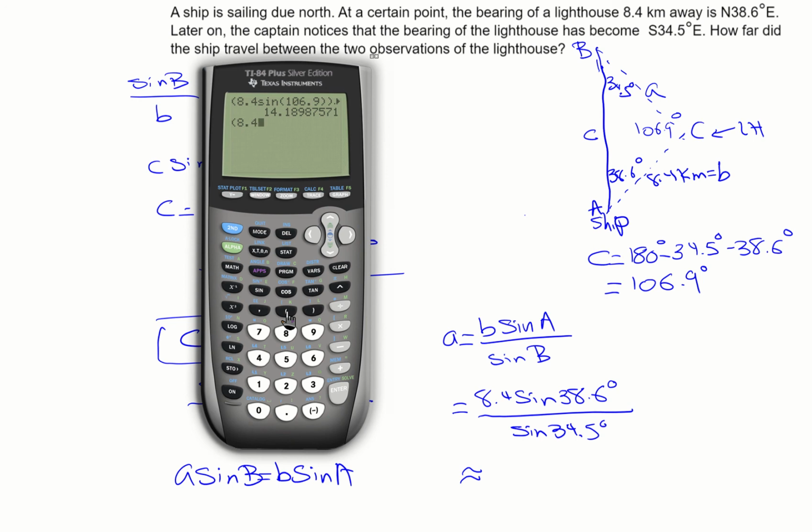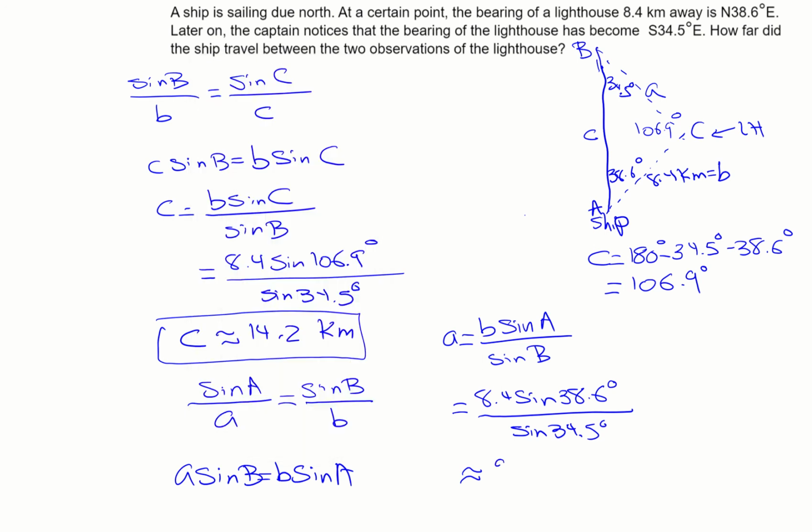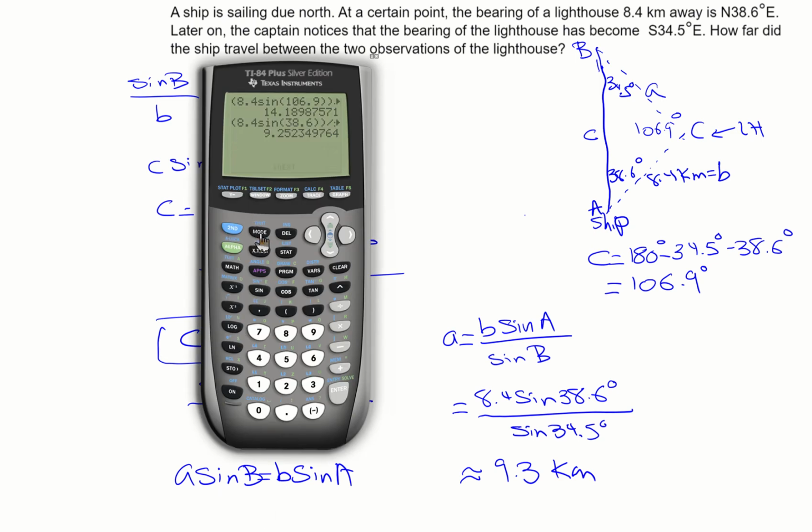You could copy and paste, but it's a little bit safer just to type it in again. Sine of 38.6. And we divide that by sine of 34.5 degrees. And we get approximately 9.3 kilometers if we round to one decimal place.